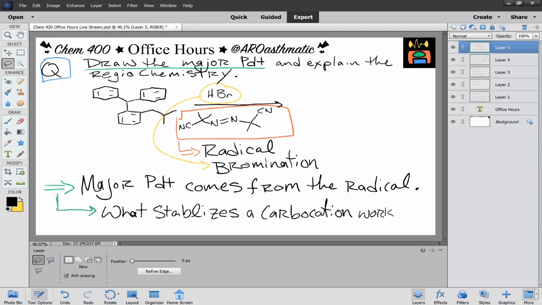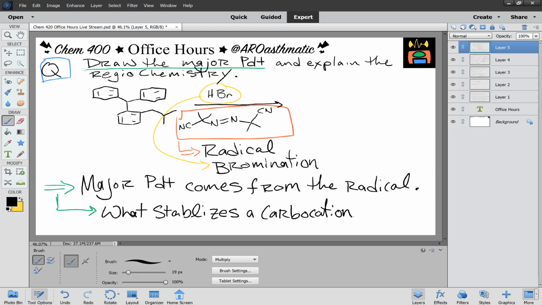When you think about it, both carbocations and radicals are breaking the octet rule.